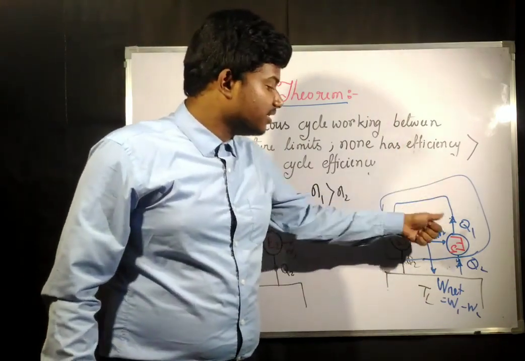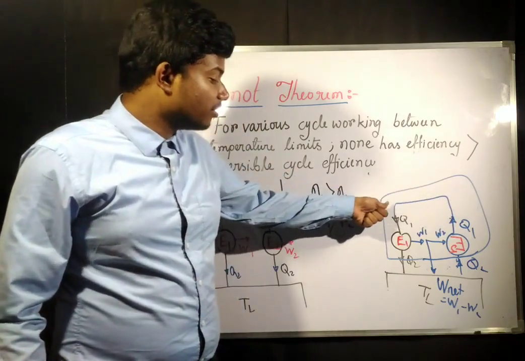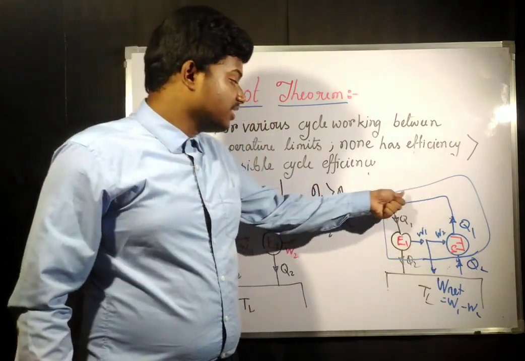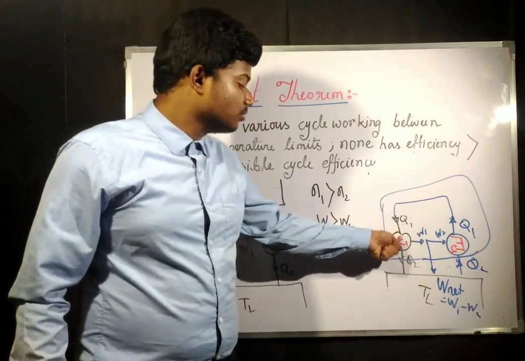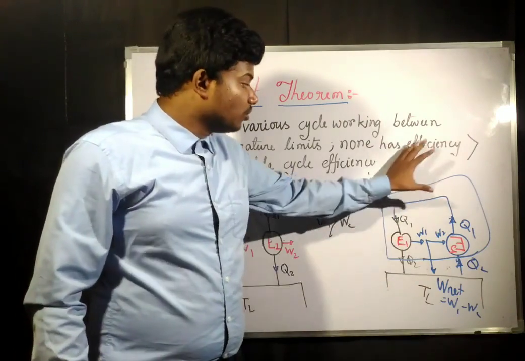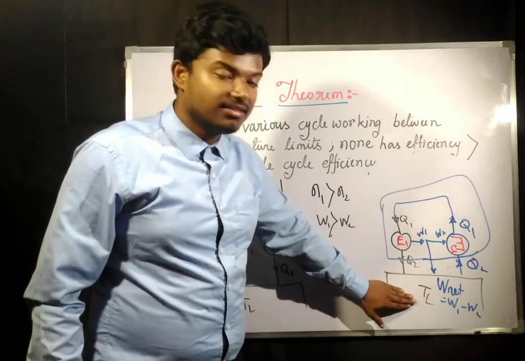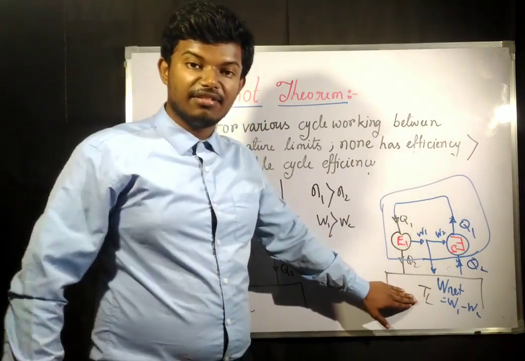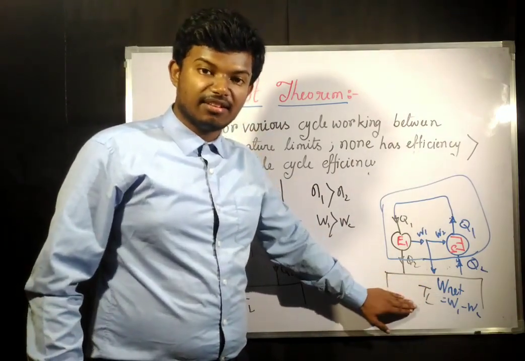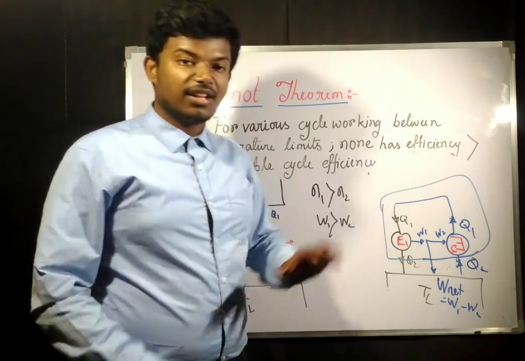This reservoir has been erased because we are directly getting heat from this engine. This engine's heat is directly going to this engine. So this total engine is going to work under only one single reservoir. There is no need of another reservoir.